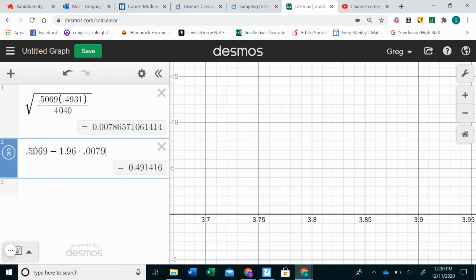So I have my mean, 0.5069, minus that z interval factor, 1.96, times the standard deviation. So there's the 0.4914. That is the lower limit number. And then I can simply go back and change that minus to a plus. And there's where the upper limit number comes from, 0.5224 rounded off.